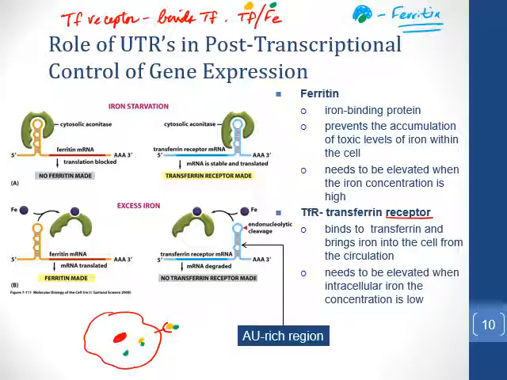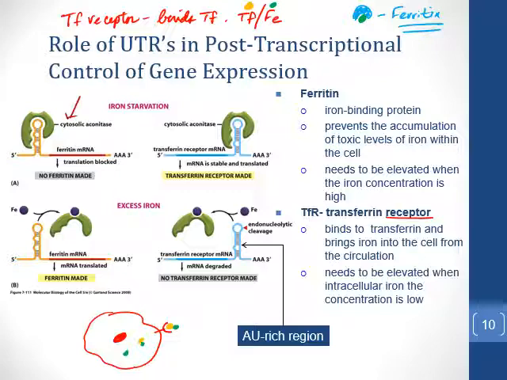So let's first start out by looking at an iron starvation condition. In this iron starvation condition, the cell doesn't have enough iron. So if it doesn't have enough iron, what does it need to do? We want to downregulate ferritin, upregulate the transferrin receptor. So it turns out that there is a protein called cytosolic aconitase. Here is cytosolic aconitase.